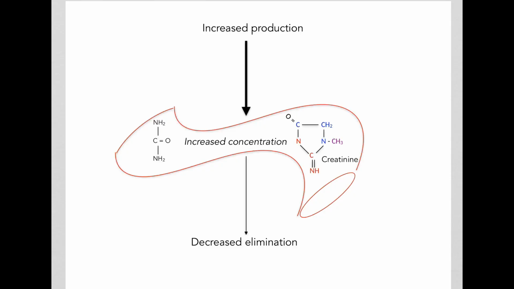Just like any other chemical, the blood concentration of creatinine can increase either if there is greater input into the blood, more of the chemical coming into the blood, and or less of the chemical being eliminated from the bloodstream. Either of these two or a combination of these two processes can lead to an increase in the concentration of serum or blood creatinine.